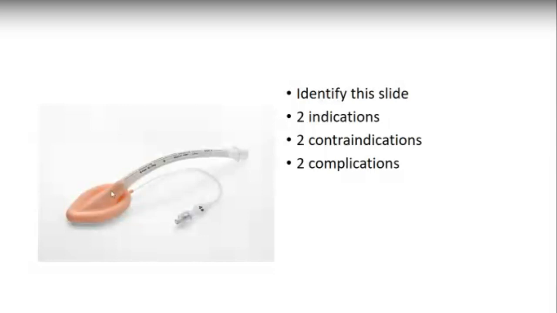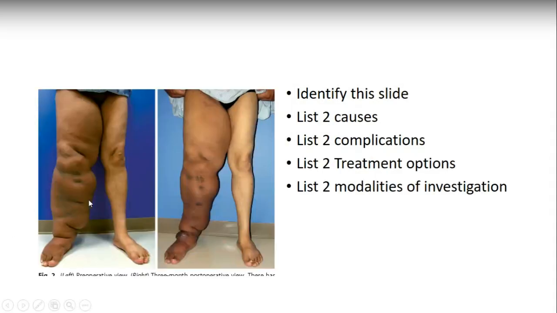So one of the complications is that it can get displaced, and therefore you have a problem delivering whatever you are delivering, either the anesthetic gases or oxygen. Another complication is that it could injure surrounding structures, like the oropharynx, when you place this. Then there's also a risk of regurgitation. These are some of the complications that one can get from this procedure.